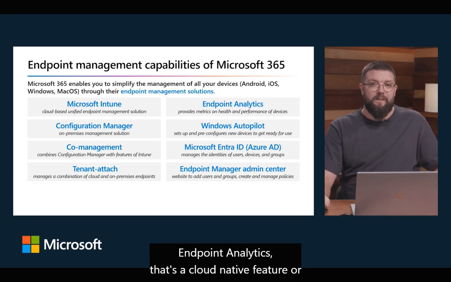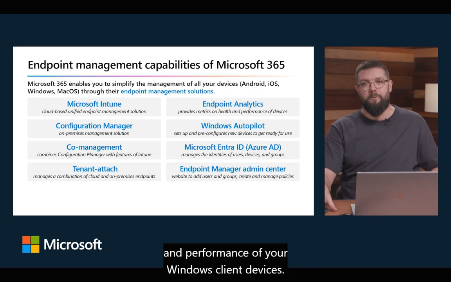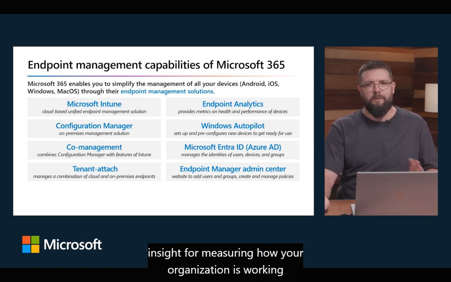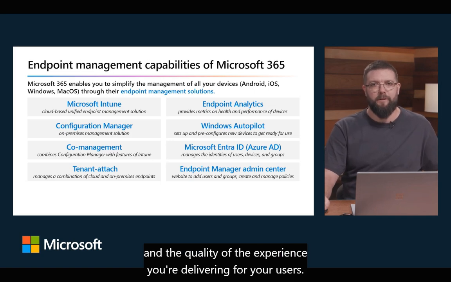Endpoint Analytics is a cloud-native service that provides metrics and recommendations on the health and performance of your Windows client devices. It is part of the Microsoft Adoption Score, and these analytics give you insight for measuring how your organization is working and the quality of the experience you're delivering for your users.